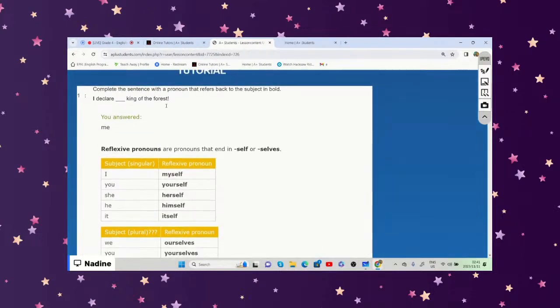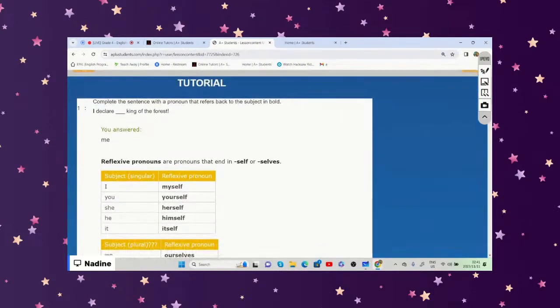All right. So now we need to complete the sentence with a pronoun that refers back to the subject. For example, I declare as king of the forest. Do I declare myself, yourself, herself, himself, or itself as king of the forest?